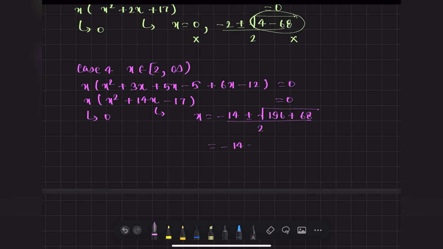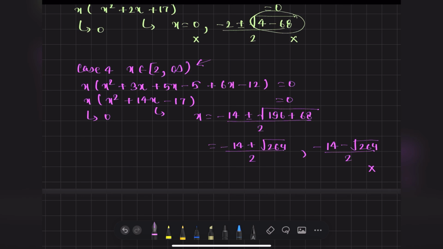Minus 14 plus root 264 by 2, minus 14 minus root 264 by 2. Look at this part here. This is a negative number and you are in the positive range. So you cannot consider this as your zero.